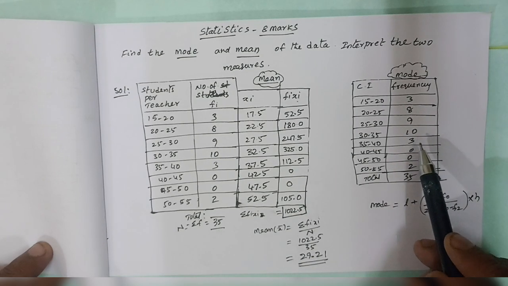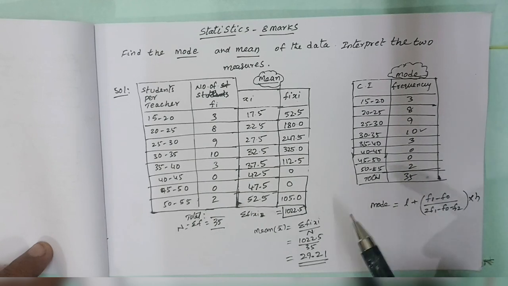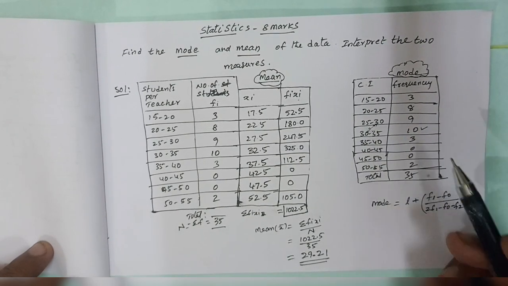How can we calculate the modal class? Maximum frequency here is 10. So this is the lower limit L.